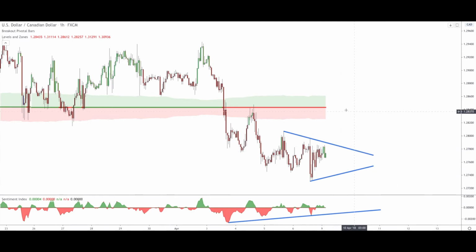Moreover, in this particular case, we also have a resistance here. This resistance, which used to be a support and now is a resistance, is the one indicated by the levels and zones.